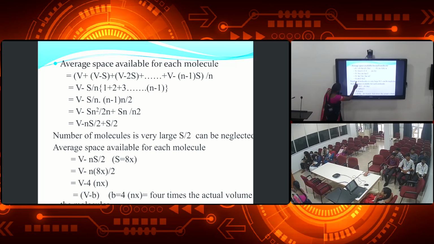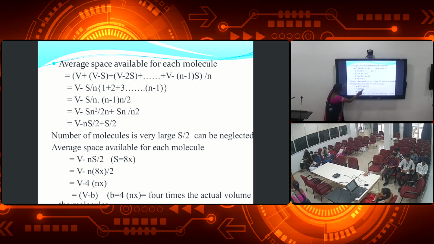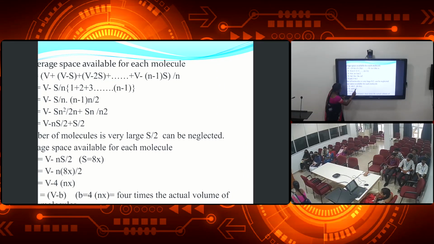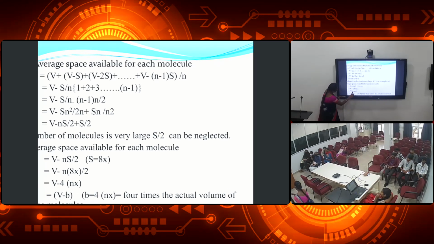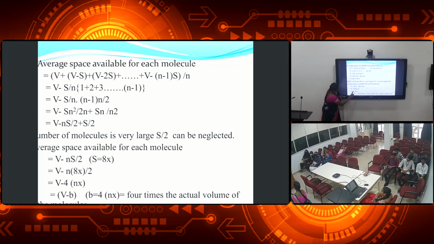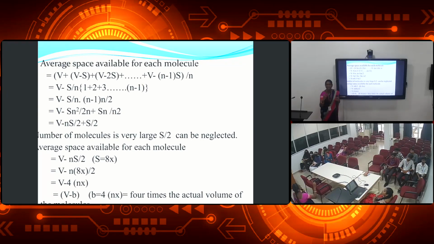We take the equation V minus ns divided by 2. What is the sphere of influence around the molecule? 8x. We write V minus n into 8x divided by 2. Cancelling the 2, 8 by 2 is 4. So V minus 4nx, which can be written as V minus b, where b equals 4xn.